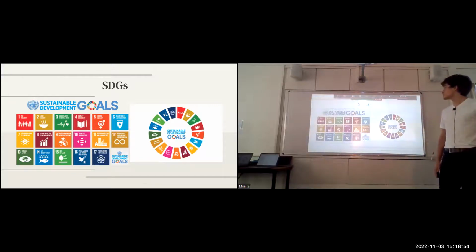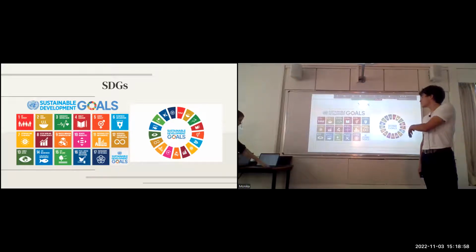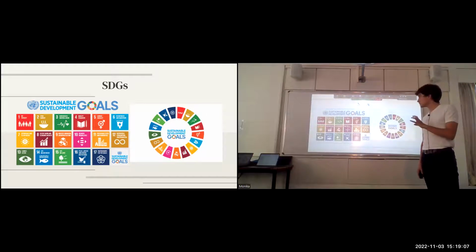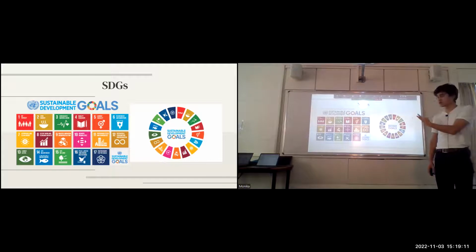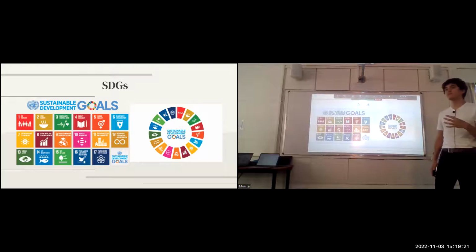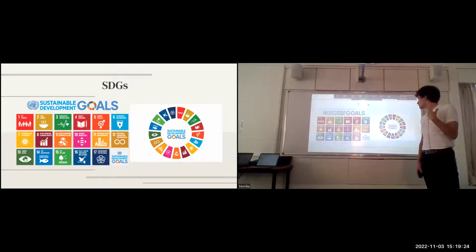These SDGs target issues such as no poverty, zero hunger, good health and well-being, etc. In addition, the SDGs have 169 targets distributed between the 17 goals. For example, no poverty has 4 targets and 231 indicators that serve to evaluate how the SDGs have been implemented in the country every year.